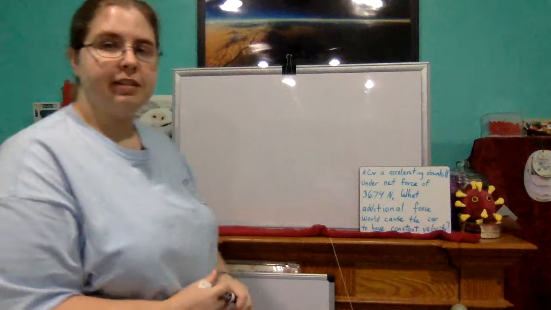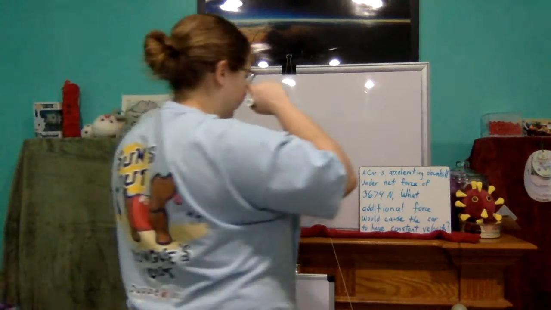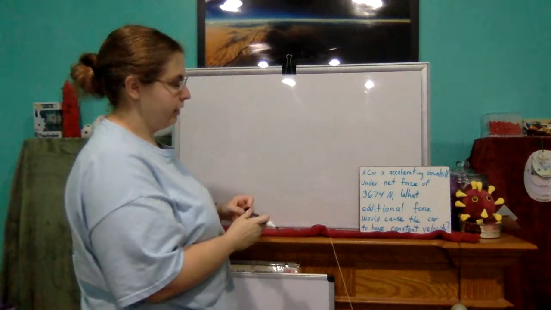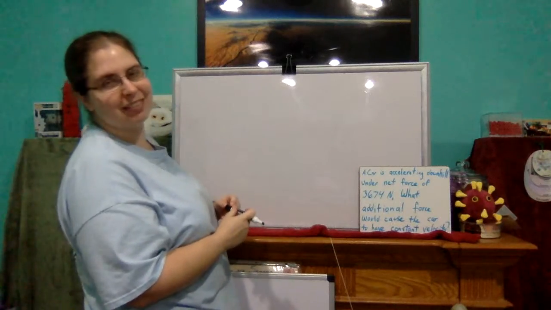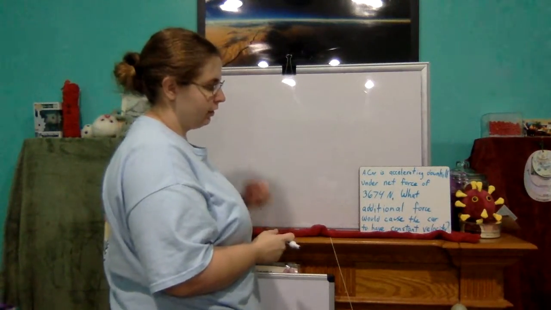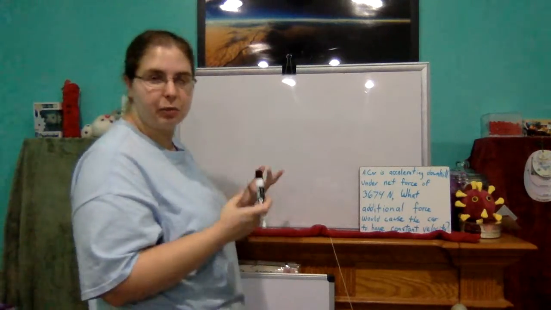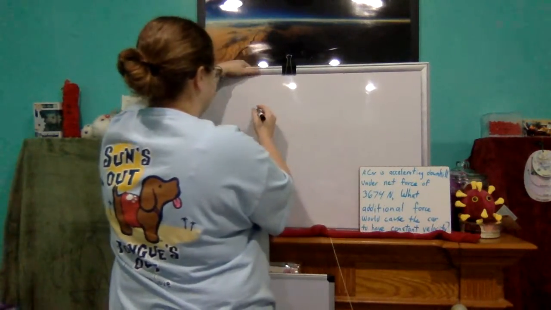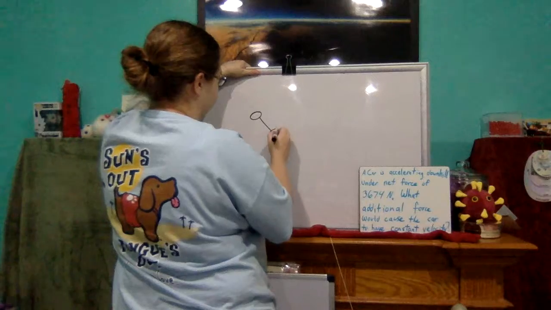So a car is accelerating downhill under a net force of 3,674 newtons. What additional force would cause the car to have constant velocity? In other words, to be in equilibrium. So we have our car. It's going downhill.